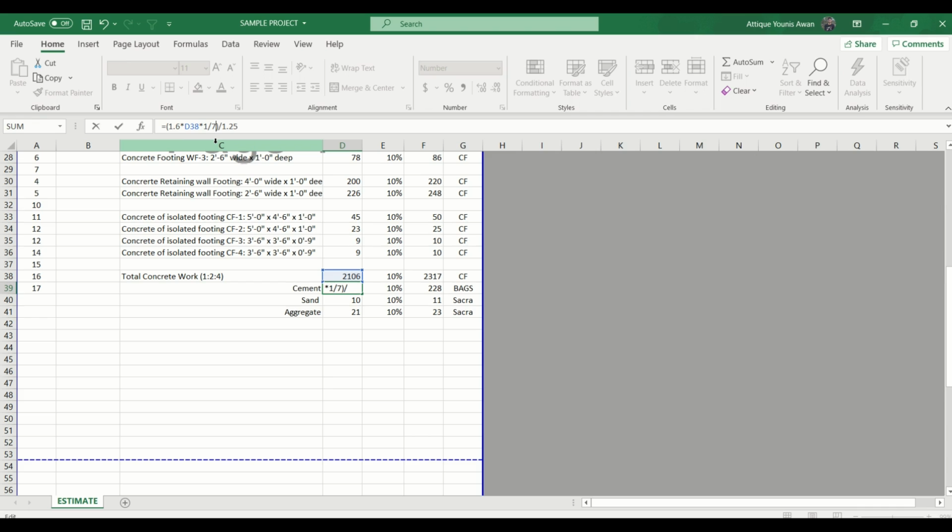So this is going to change our quantity to 424 bags, and same we are going to have 2 portions of sand in 7 portions of the mix, so it is going to give us 11 sacra, and finally we are going to have 4 in 7 portions, which is going to give us 21. So this is how we are going to calculate the cement, sand and aggregate of the concrete works.